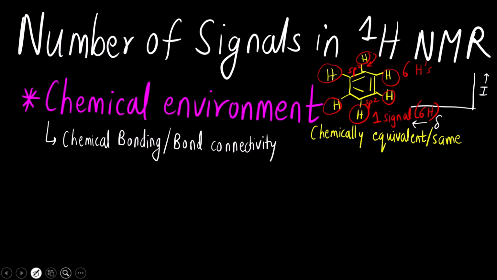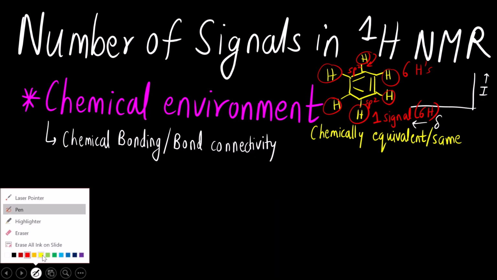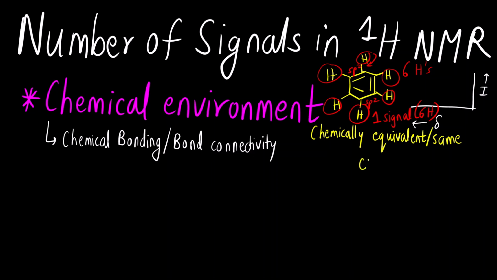Let us take one more example, CH3CH2OH. Looking at the bond connectivity, this hydrogen is attached to oxygen, so it will show one signal. Now these 2 protons are attached to the same carbon.